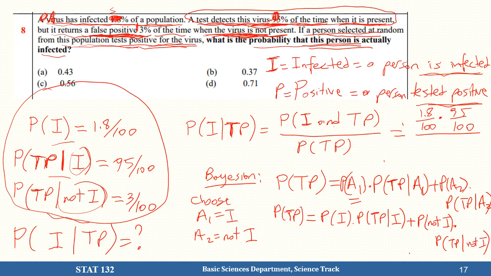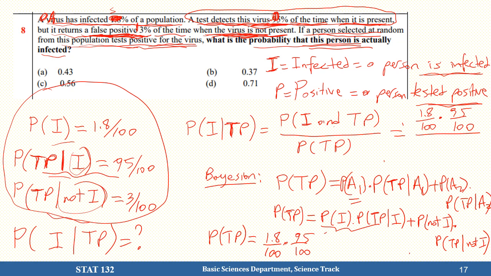Now we can write this. The probability of I is 1.8 over 100, times the probability of test positive given that the person is infected, which is 95 over 100.